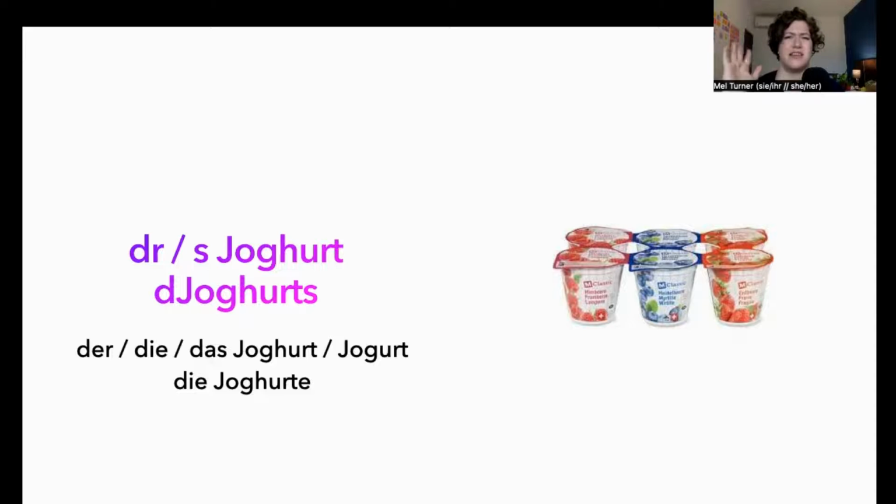Duden is like the English dictionary for German, and everything about how it is written correctly is in Duden. And Duden says der Joghurt, das Joghurt, and die Joghurt are all correct. Yay! In Swiss German, it would be der Joghurt or das Joghurt. Depends on where you live and where you grew up, but they're both right. Der Joghurt, das Joghurt.